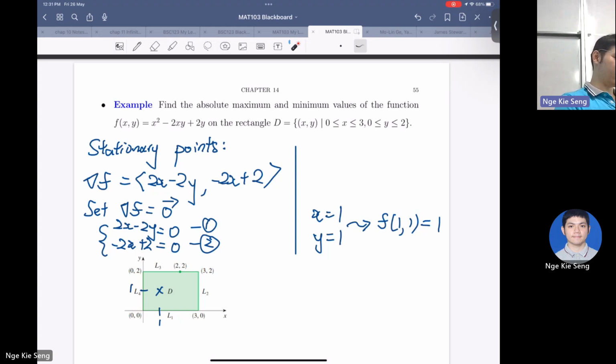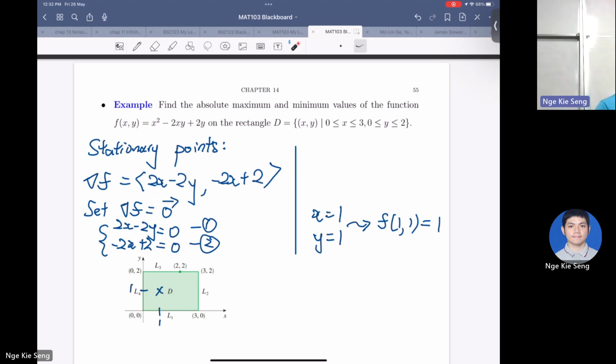But in this case, is this differentiable or not? Differentiable, right? Because this is just a polynomial. So you just need to check the boundary now. How many boundaries? There are the sides of your rectangle, so there are 4 lines to check. We already labeled them for you: L1, L2, L3, and L4.